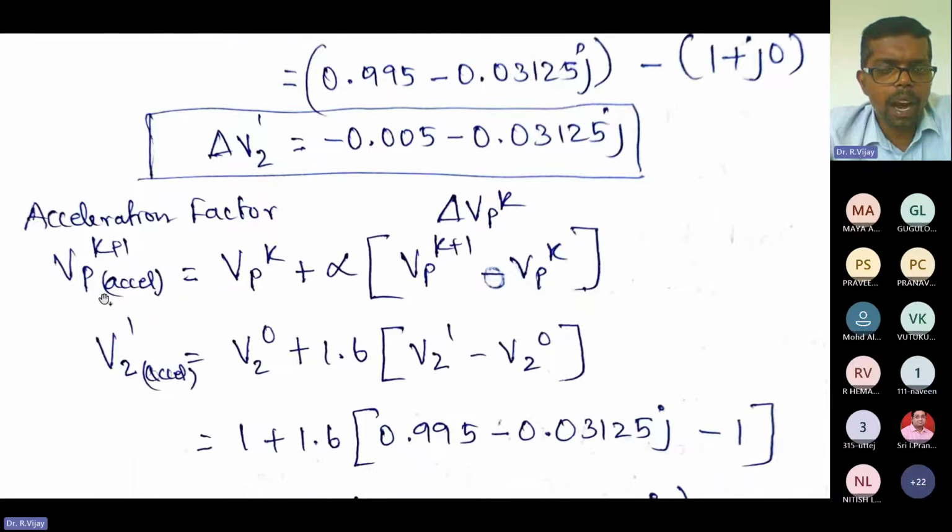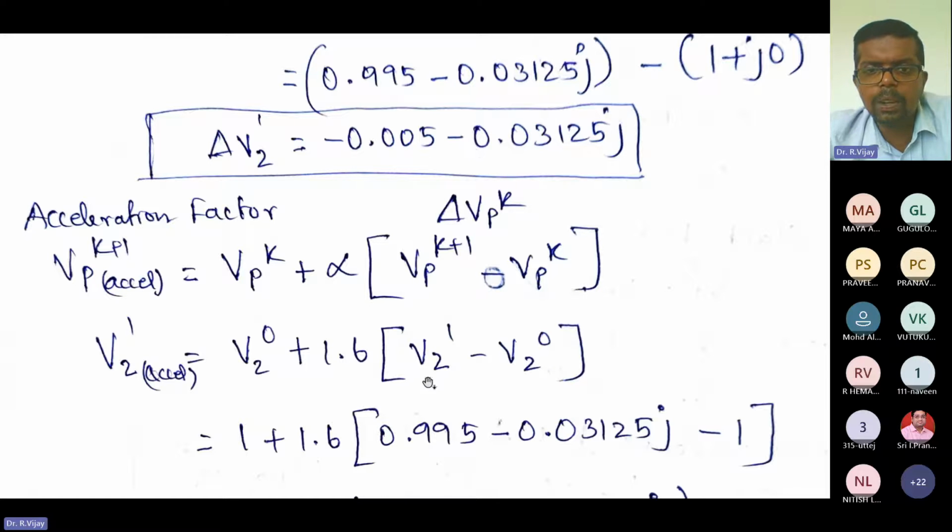Next is the acceleration factor, the accelerated or new value of Vp. So Vp accelerated (k+1) is equal to, here k is equal to 0, so here it is 1, Vp^k plus alpha into (Vp^(k+1) minus Vp^k). This is nothing but ΔVp, the change in the voltage value that we already calculated.